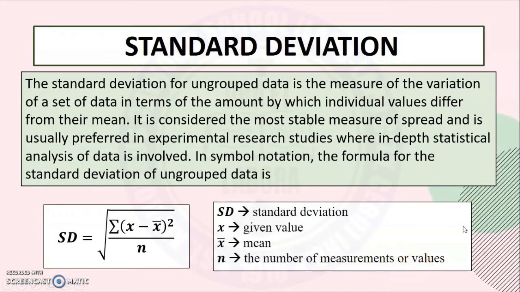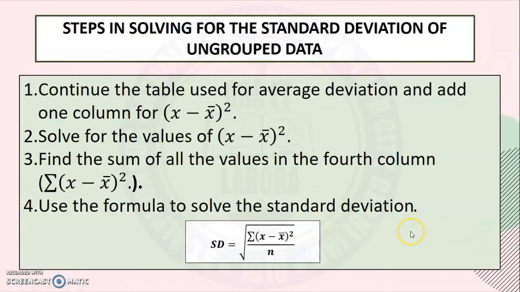So now let's have the steps in finding the standard deviation. These are the steps in solving for the standard deviation of ungrouped data. Step 1. Continue the table used for average deviation and add one column for the quantity of x minus mean squared. It's better that you already know how to find the average deviation, because it's easier for you to find the standard deviation just by continuing the table you used for the average deviation.